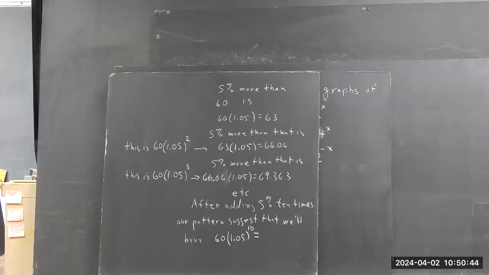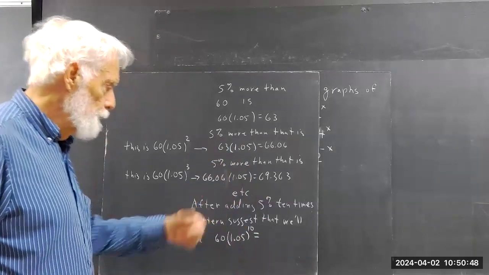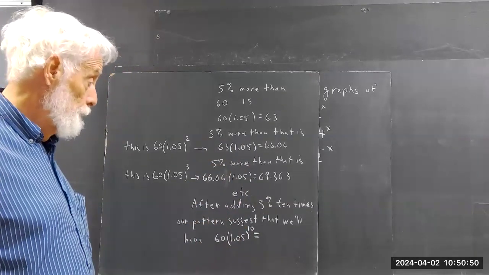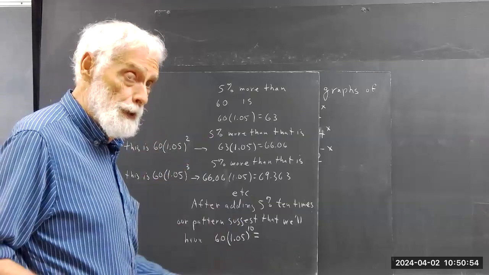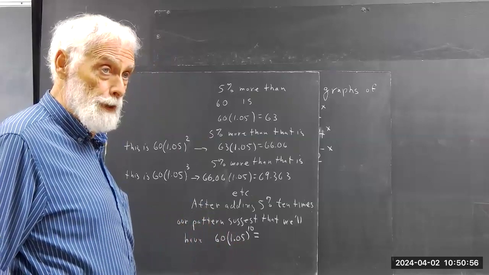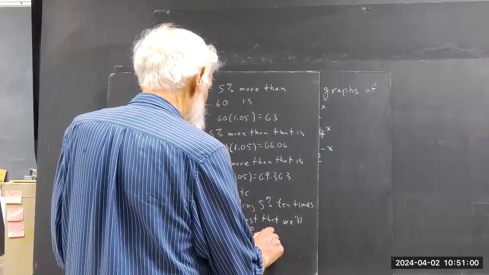I said that should be around 100 because I know that if 5% takes roughly 14 years to double, which would give you 120, you've only got 10 years. So I guessed 100. Now, I wasn't only confident in that. I thought I might be within 5, and I was.